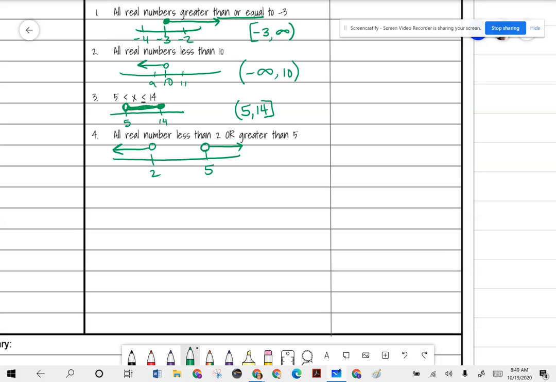According to this, if I were to do interval notation, it looks like I'm going to have two separate ones. So the first one would be parentheses, negative infinity to 2. And then we're joining another set, so we need our union symbol. And then we pick back up at 5 and go to infinity, and both of those require parentheses.